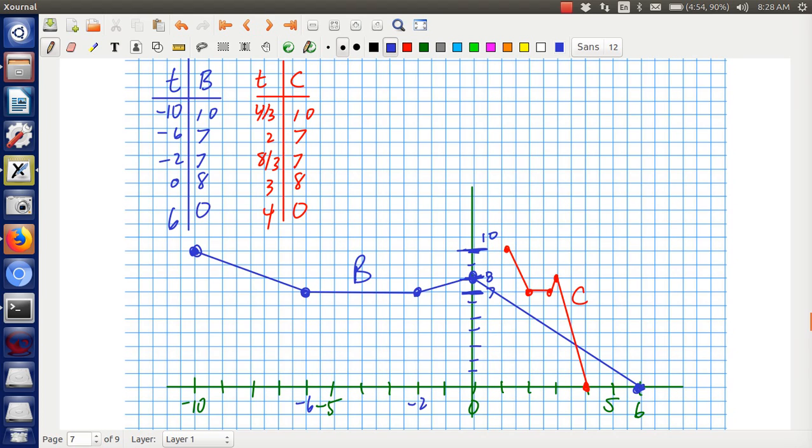Some students had the expansion correct, so they had this factor correct, but then they put this piece of the plot somewhere else. If that kind of thing happened, then you got partial credit for getting the compression right, even though the shift was wrong.